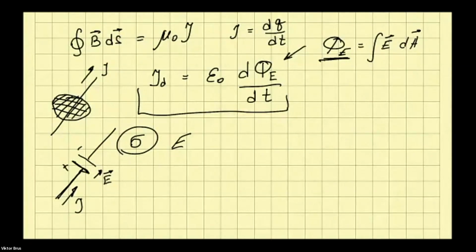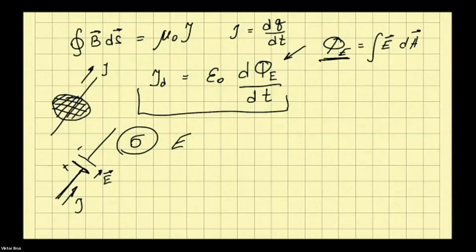And this changing over time electric field flux is considered the source of this Maxwell displacement current. So now let us consider specifically a parallel plate capacitor, and let us show that they are really equal to each other. Means displacement current should be equal to conductivity current.